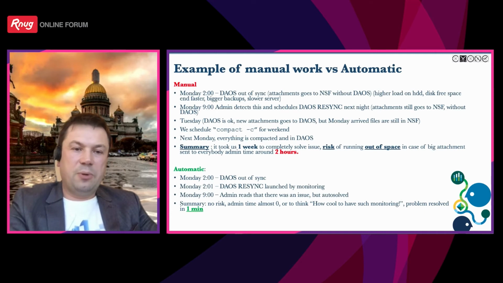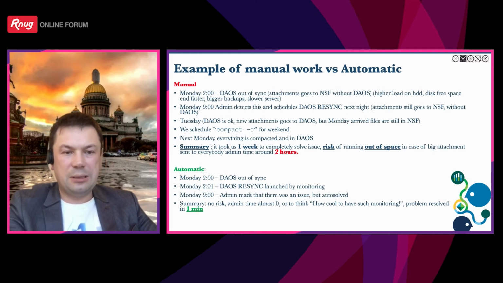So let's imagine, well, this is my favorite example, DAOs out of sync. And it happened on Tuesday, 2 a.m. And we do know that if the system is resynchronized, then we go directly to the databases. There is no replication system. The databases are becoming bigger.